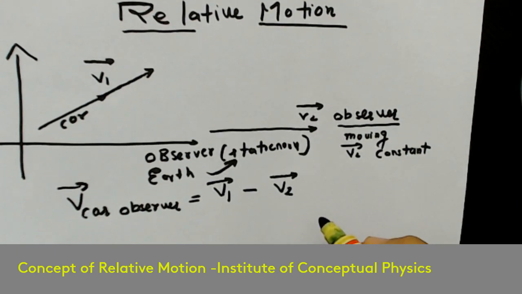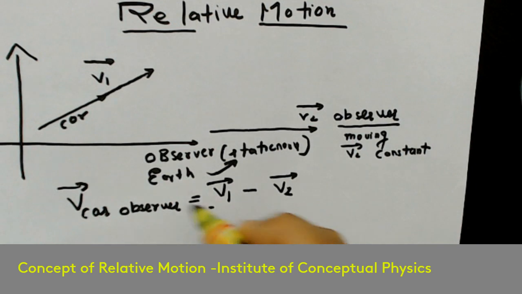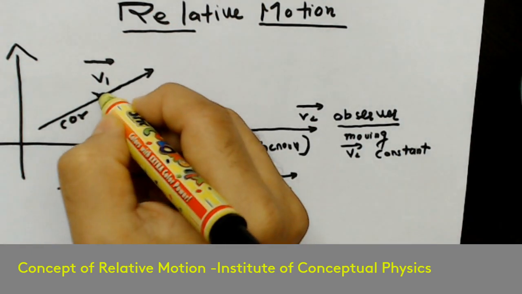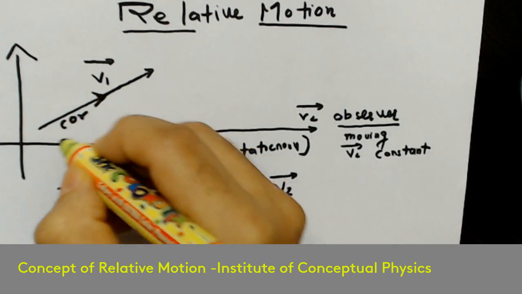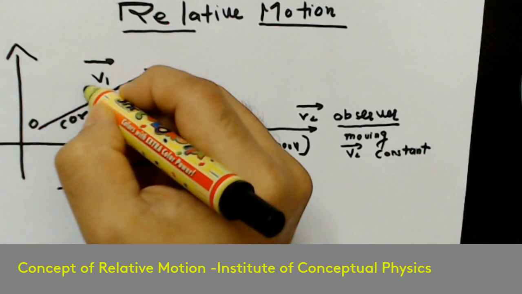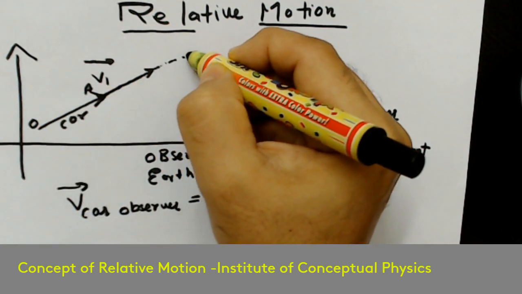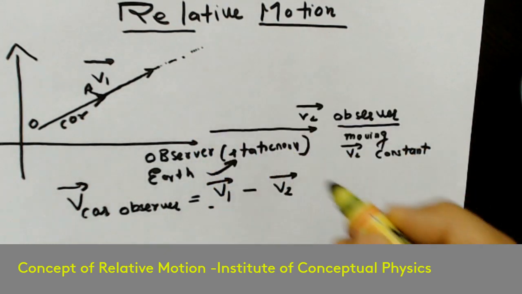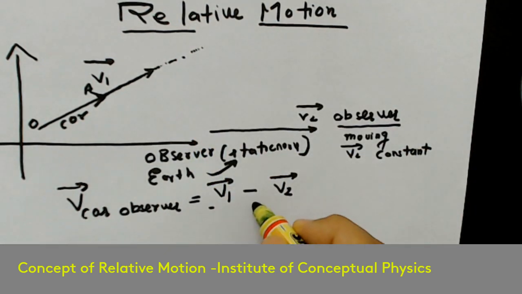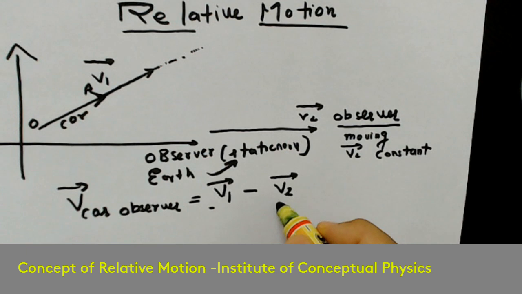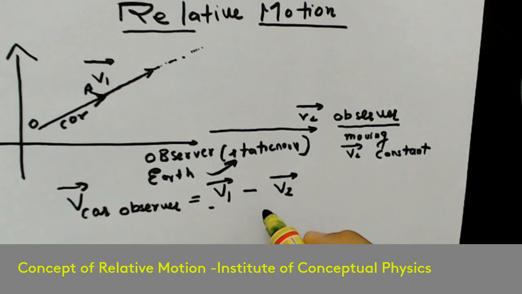Now, in terms of graphical representation of this motion, you can see that vector v1 is already known to us, and this is where it was. In terms of length, it is maybe O to A, and this actually just represents the direction as seen by the stationary observer. And a vector v2 is getting subtracted from this vector.